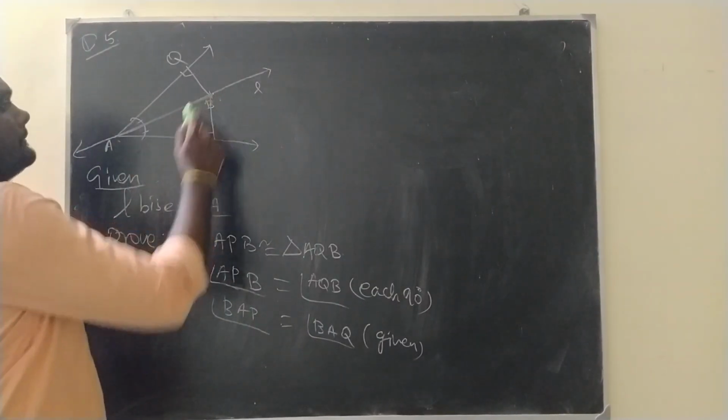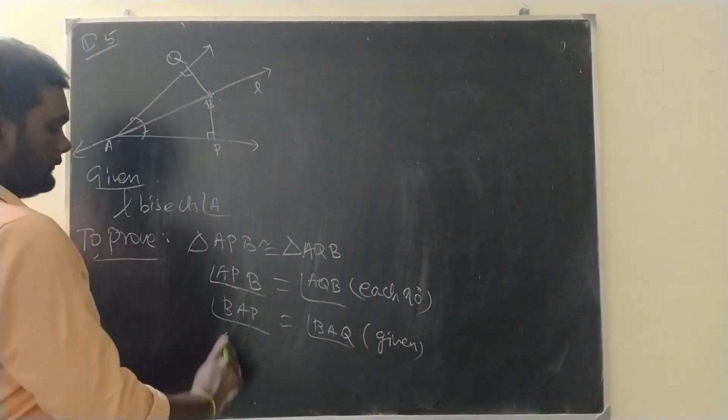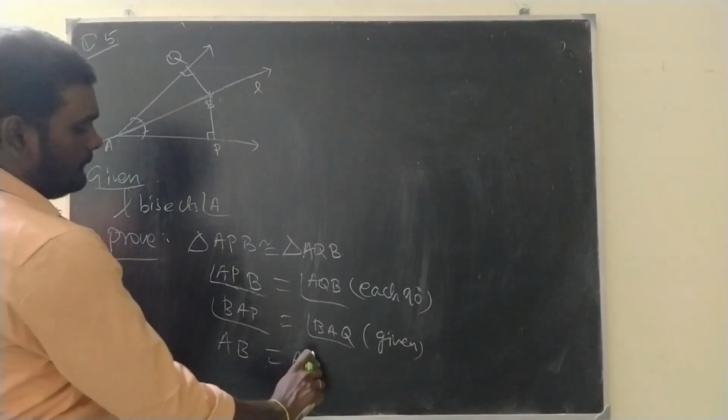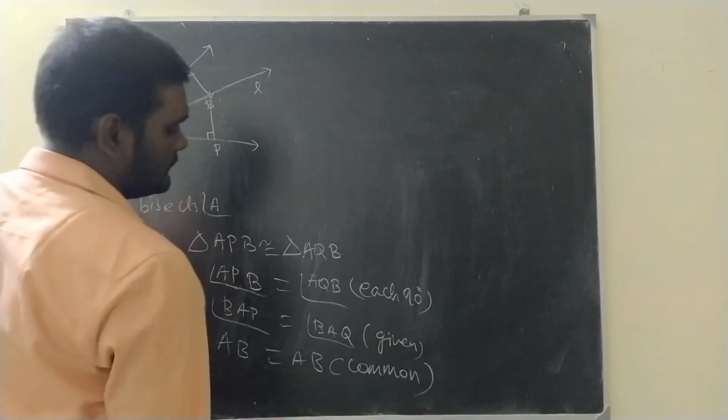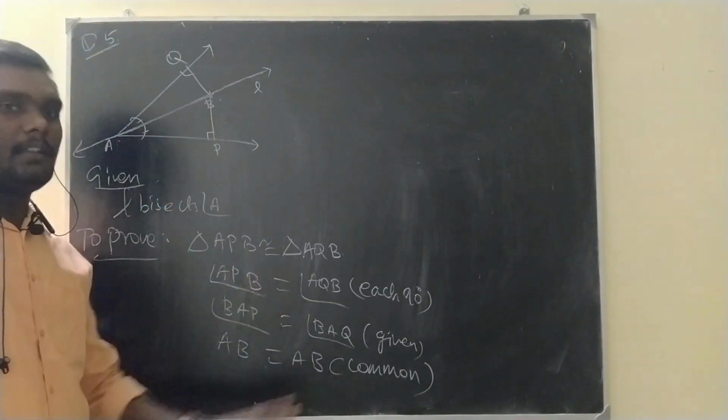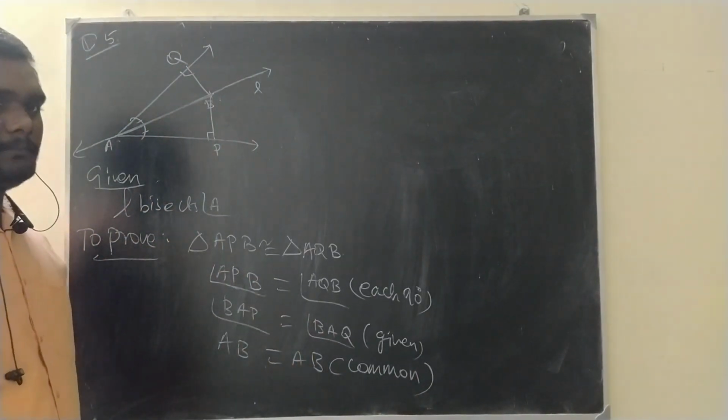The side AB. This and all can't be memorized. You should analyze this given figure. What are all the things you can say?